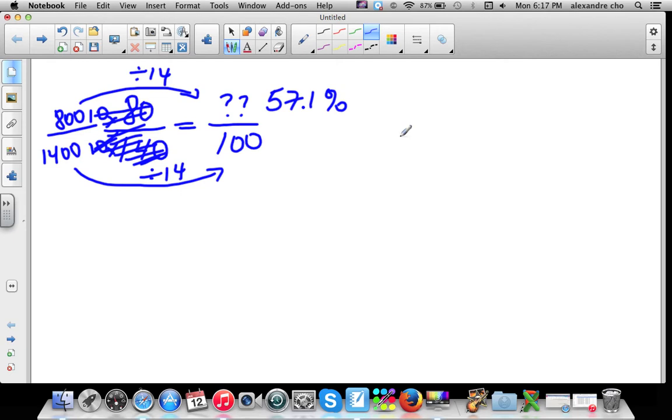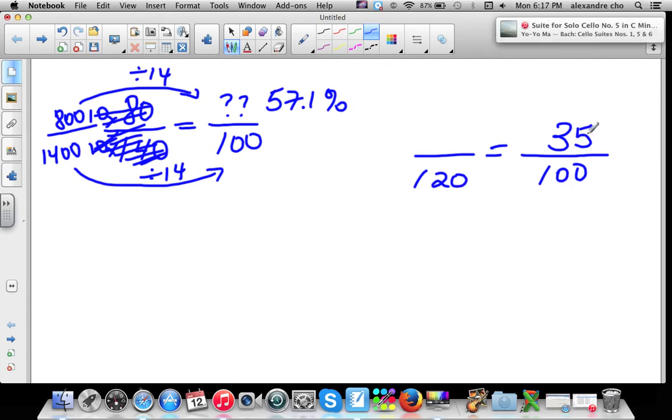Question 2, 35% of the students, so let's set this up. Here's my proportion, 100, blank over here, 35%, so that goes on top of the 100. And we want the equivalent, and there are 120 students on the bus, so that the total number of students, in this case, on the bus is 120. And we want to know what 35% equals. Alright, no relationship between 120 and 100.